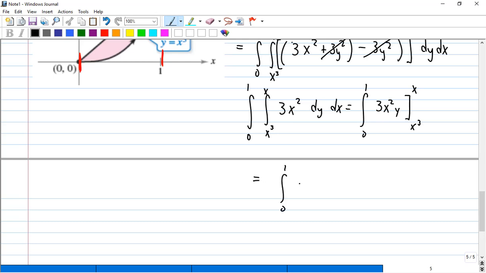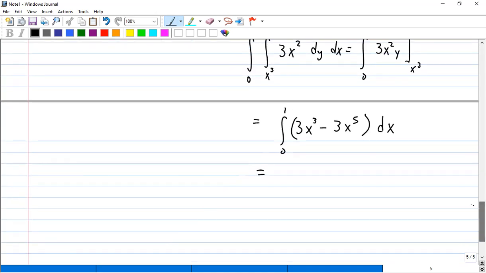So if I plug it in for the y, it's going to be 3x cubed, because you'd say x times x squared, minus 3x to the 5th. Okay, so that's gotten rid of the y's. Now all we have to do is integrate with respect to x. So this is 3/4 x to the 4th minus 3/6.